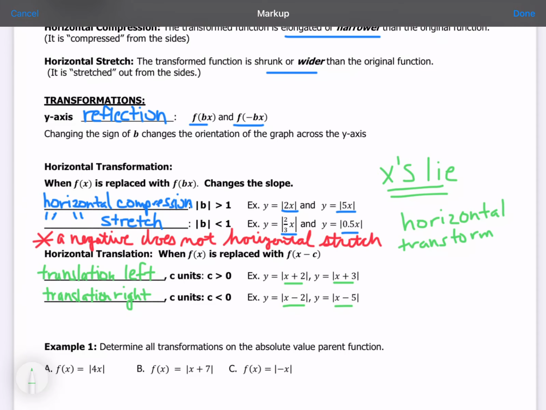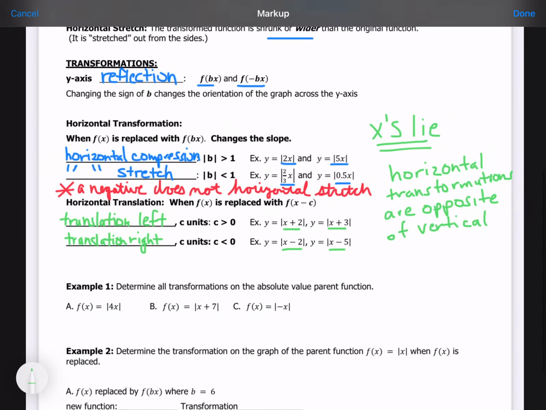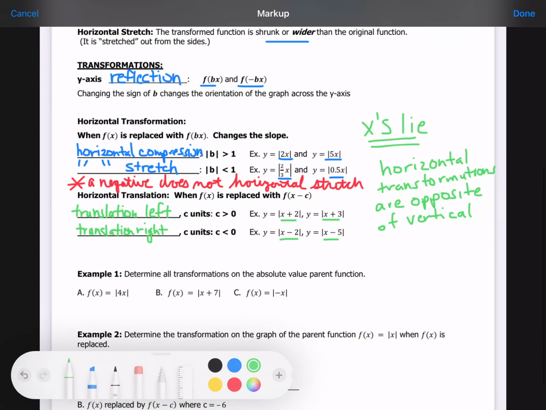Okay, so if we just remember that, it'll be very helpful to us. All right, let's move on to some examples.